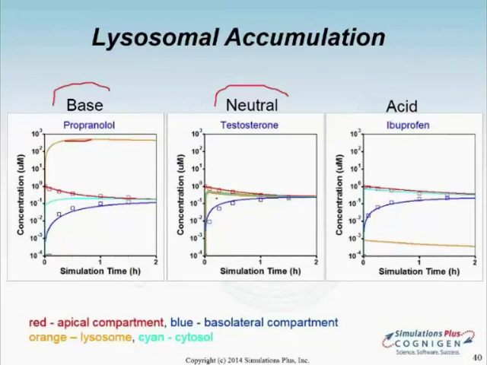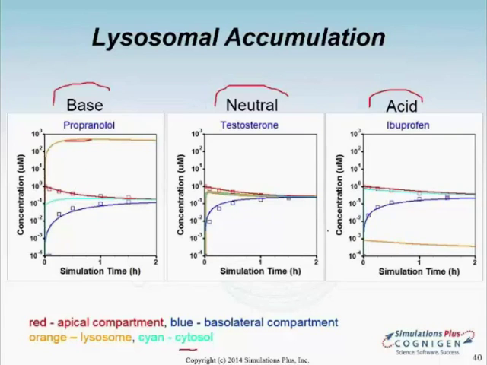So the concentrations are perfectly overlaid. You can see the orange curve is right behind the light blue curve, or the cyan curve, showing the cytosolic concentration. And as we are moving to an acidic compound, the lysosomal concentration will actually be below the concentration in the cytosol because we have now more ionization of the compound in the cytosolic pH versus the lysosomal pH.